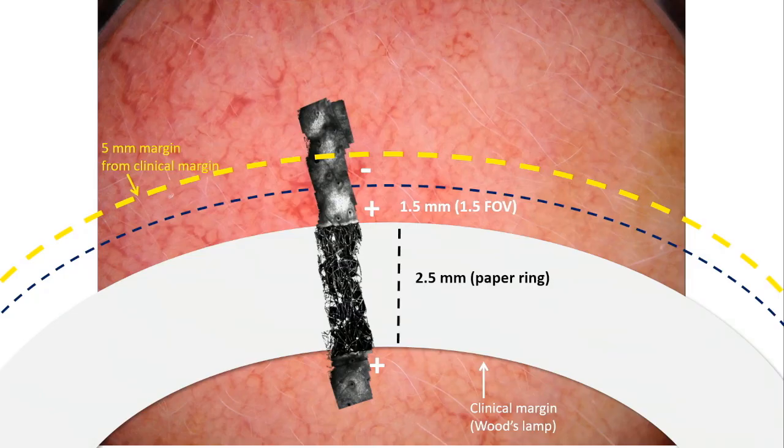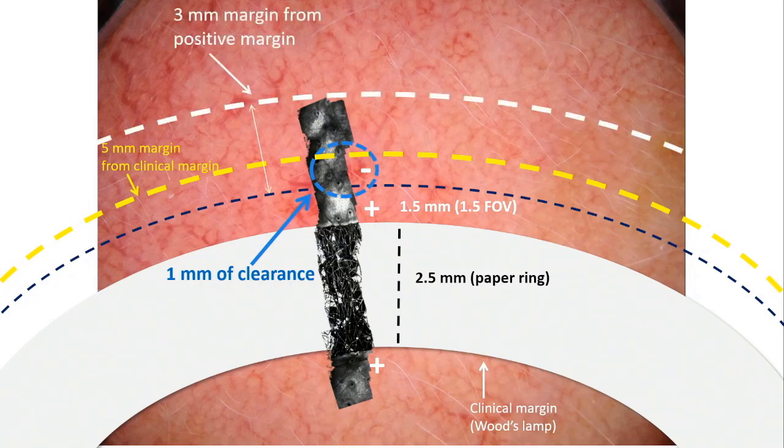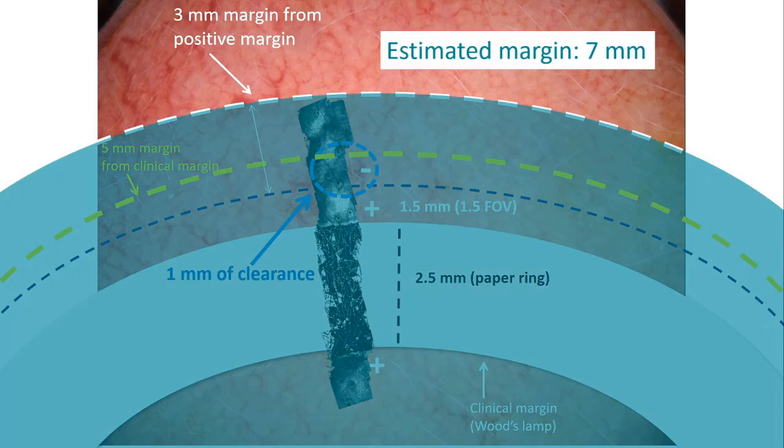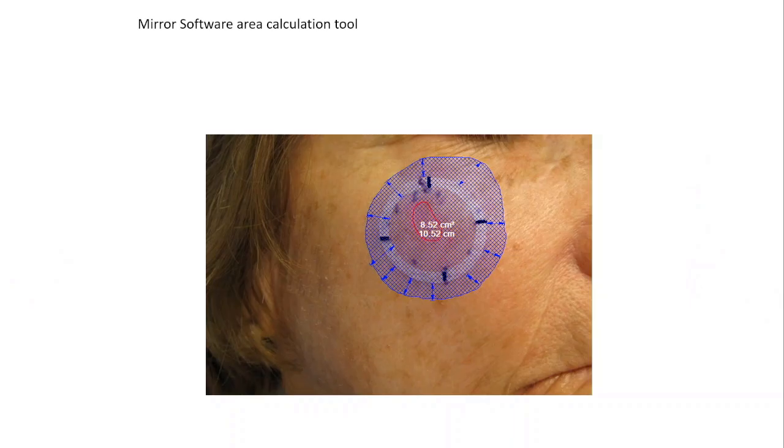So we did this trial where we prospectively looked at this and imaged using standard margins that we would take, and then margins that we would actually take using confocal microscopy to guide us. And the margins in comparison were actually great.